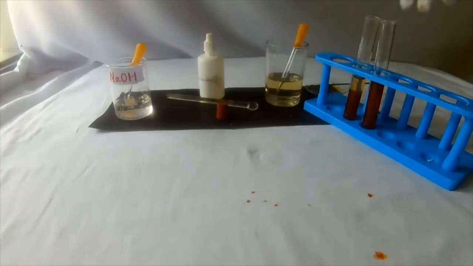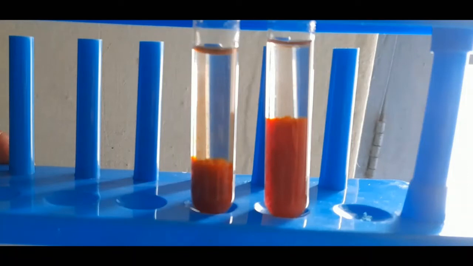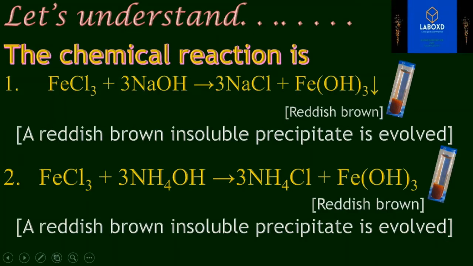So, ferric ion, if present in the salts, forms an insoluble reddish-brown precipitate with excess sodium hydroxide and ammonium hydroxide. Let us understand.